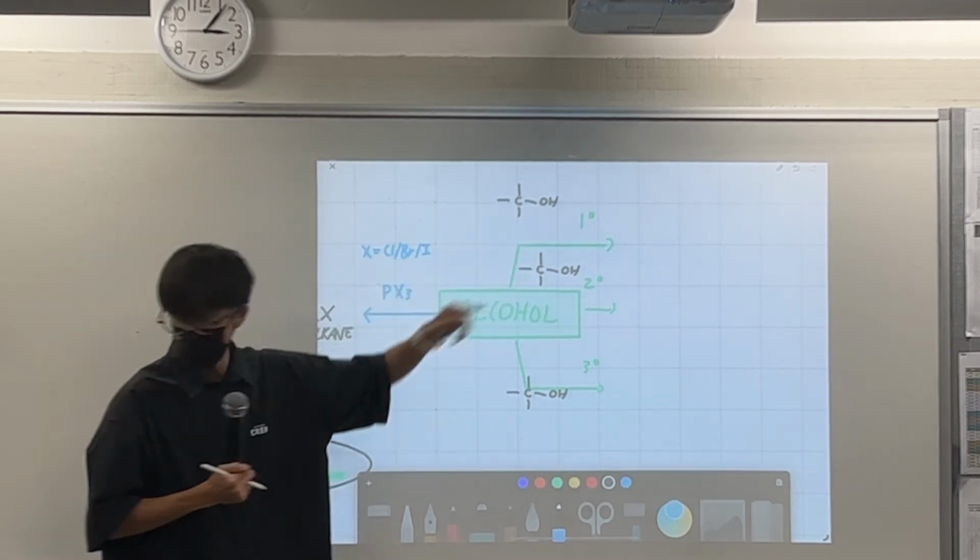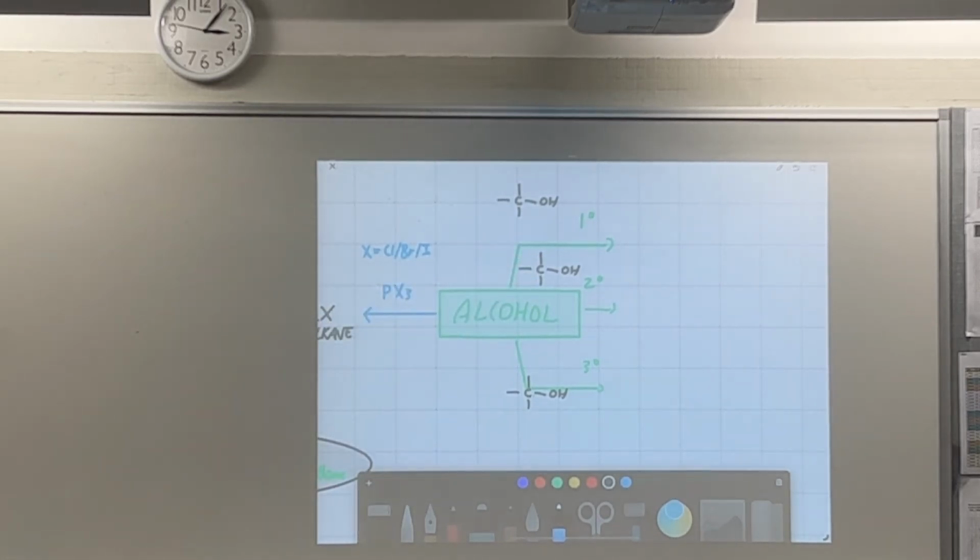Can you put down this note in here? Primary means 0 or 1 alkyl group. Methanol, for example, has 0 alkyl group, but yet it is a primary alcohol. Then we have 2 alkyl groups, and then 3 alkyl groups.